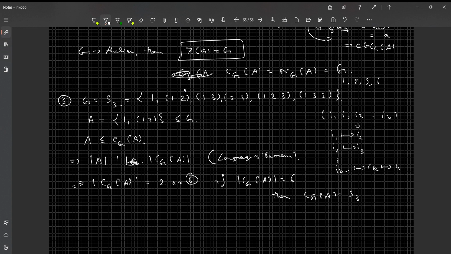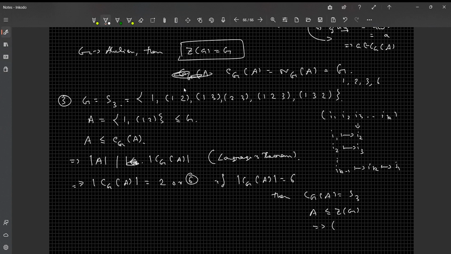So the centralizer of A becomes S3 if its order is 6. But what does that mean? That means that A must be contained in the center. If the centralizer becomes equal to S3, then obviously A must be inside the center of G as well, right?